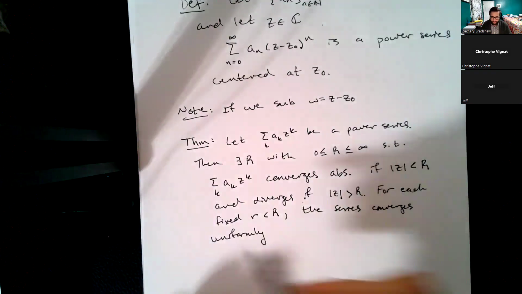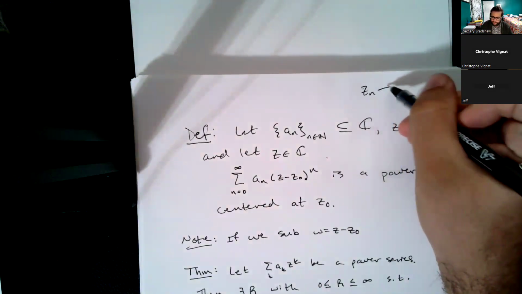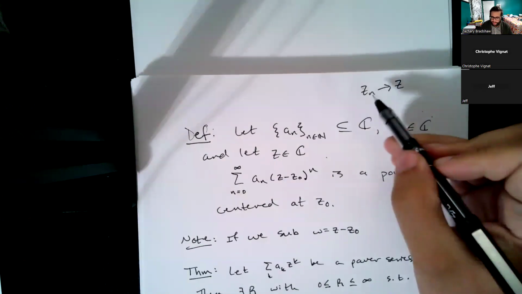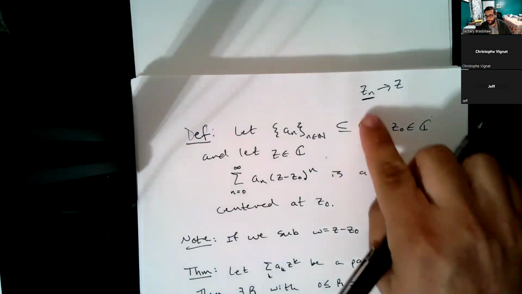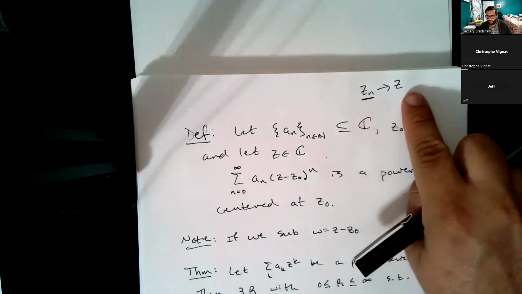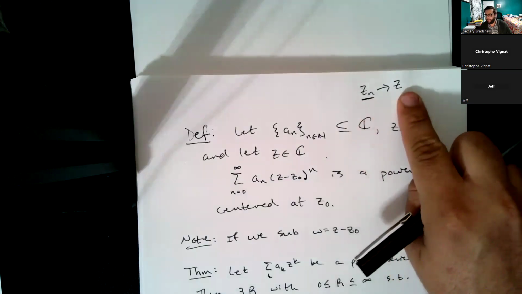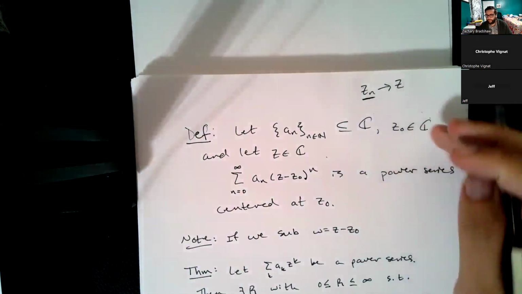So if you have a sequence that converges to some limit, and you know something about the sequence elements, such as maybe they're functions and they're all analytic, right? Then uniform convergence will usually guarantee that the limit also has that property, so it would also be analytic. Right?